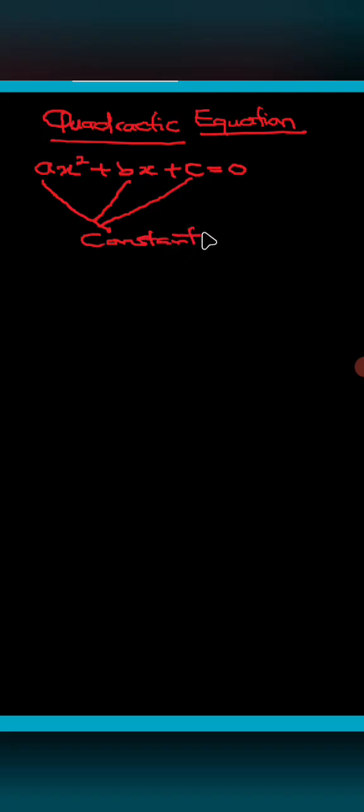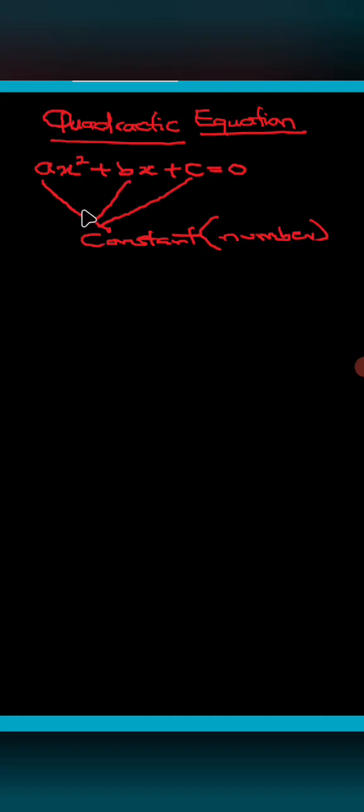This constant simply means a number, or let's just say an integer, which might be a positive or a negative integer. So that is what a, b, and c represent. And this x part might be any letter, maybe t squared, maybe m squared plus bm or whatever.